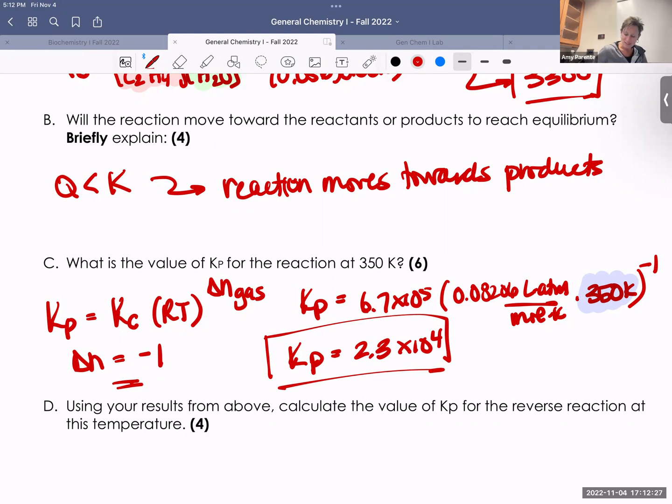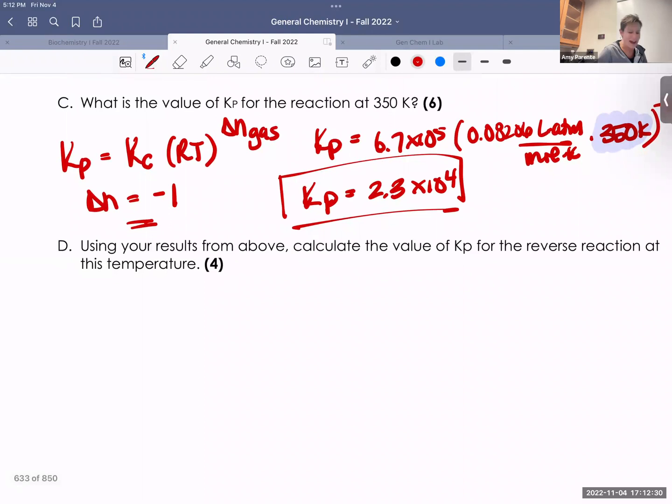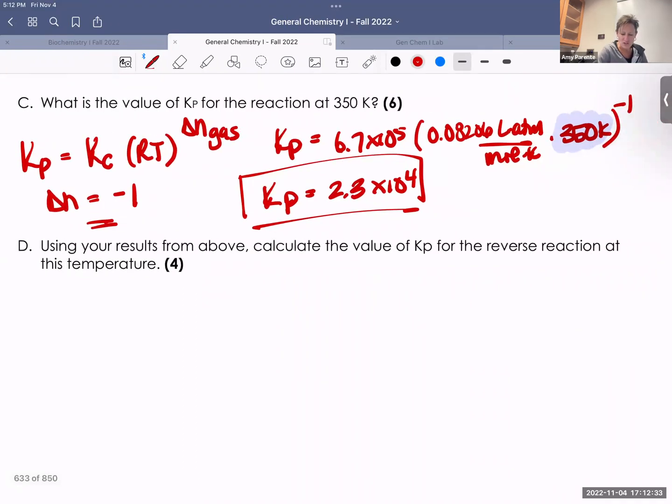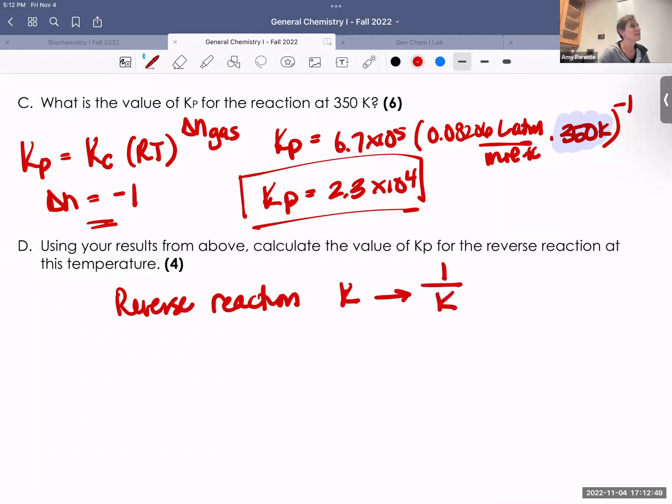Last thing, it asks us to think about how we manipulate reactions. It says using your results from above, calculate Kp for the reverse reaction at this temperature. So when we reverse a reaction, K becomes 1 over K. So we need to take 1 over. If it was a reaction that very much favored products based on what we see from this K, because it's a large number, going in the opposite direction means it should be a very small K. And we're going to see that when we take 1 over a large number.